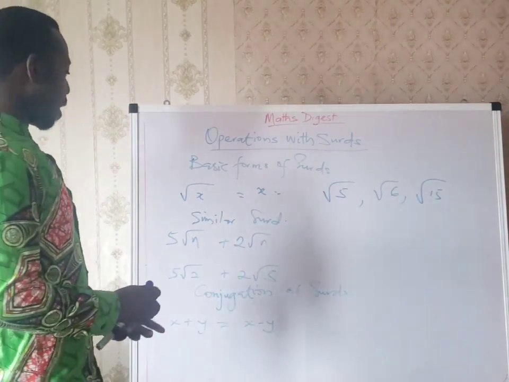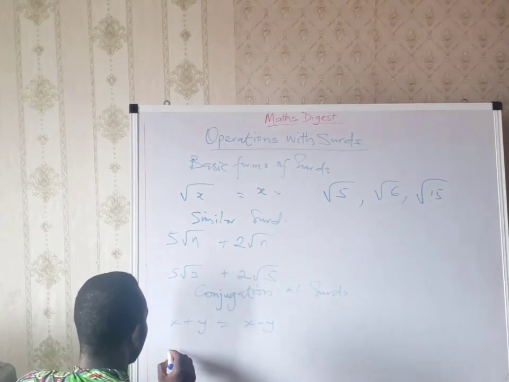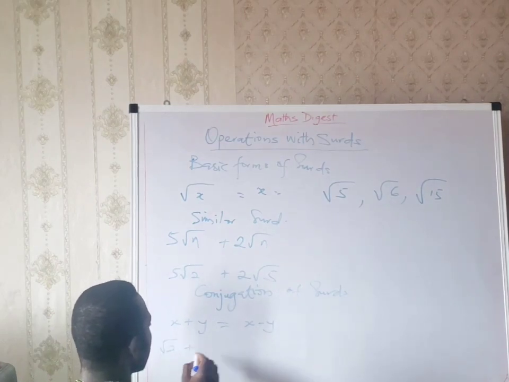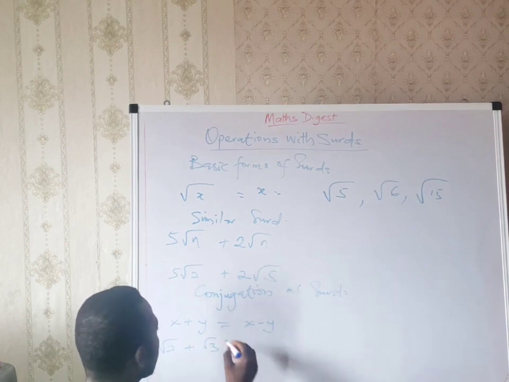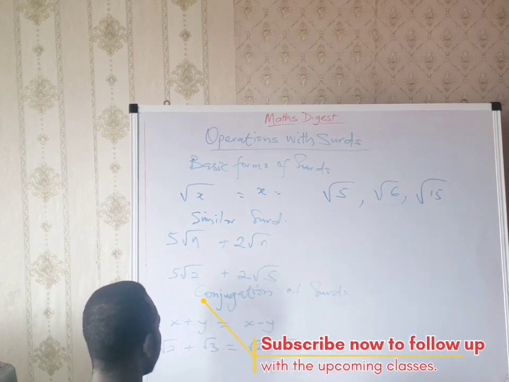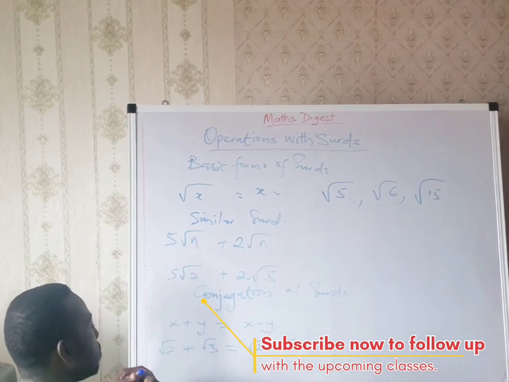Now, for instance, you have root 2 plus root 3, their conjugation is simply root 2 minus root 3, provided they have a sign in between.